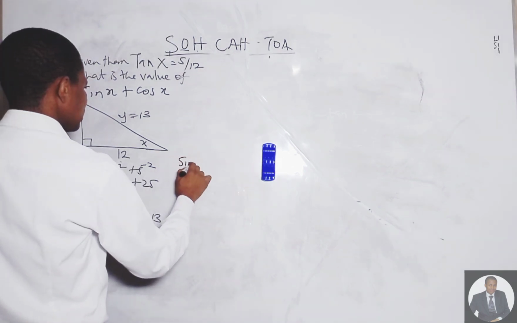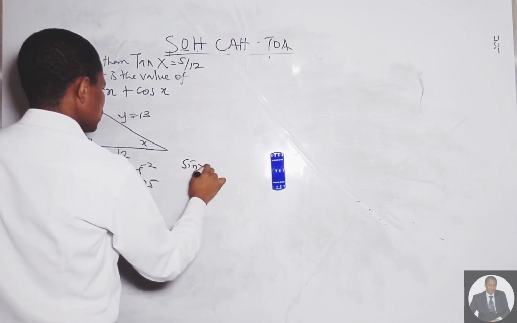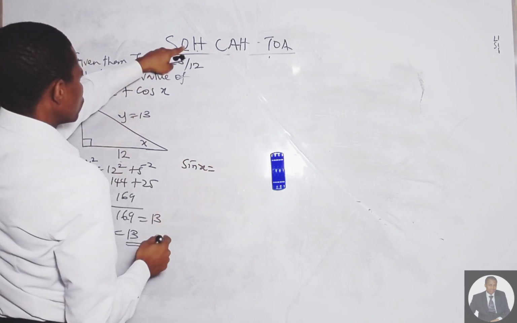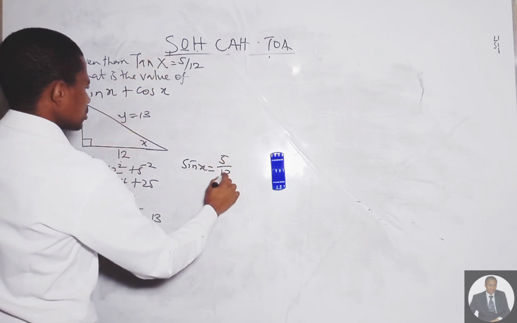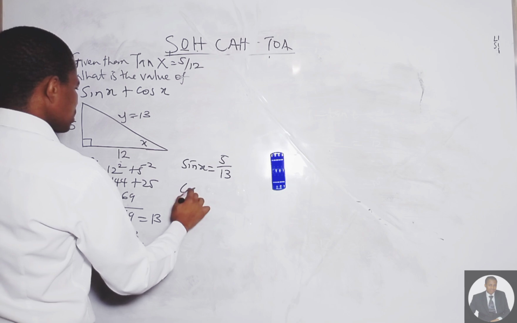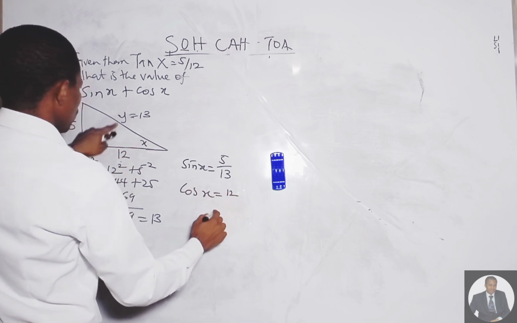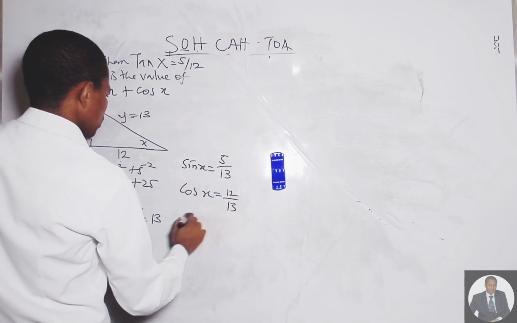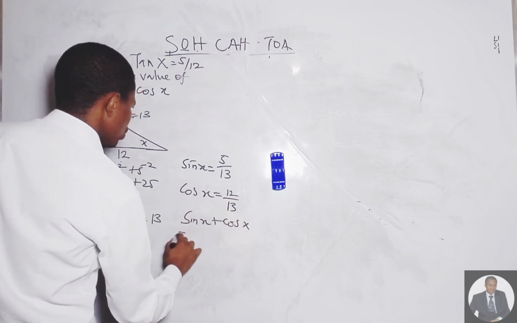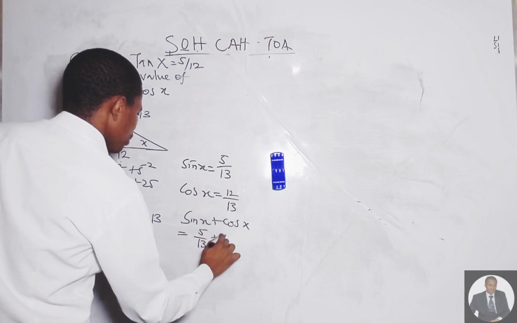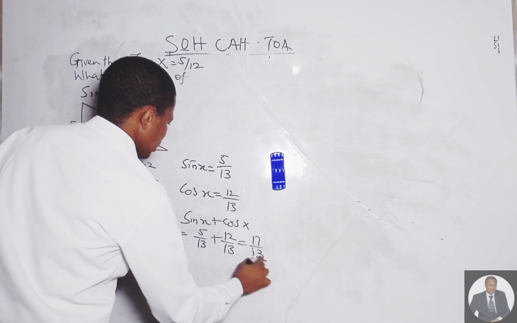Sine x will be opposite 5 over hypotenuse 13. Cos x will be adjacent 12 over hypotenuse 13. So sine x plus cos x equals 5 over 13 plus 12 over 13. That gives us 17 over 13.